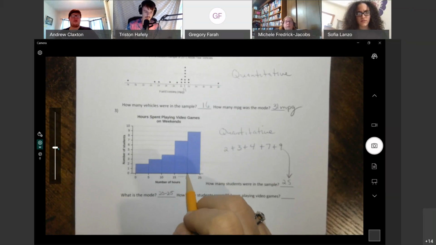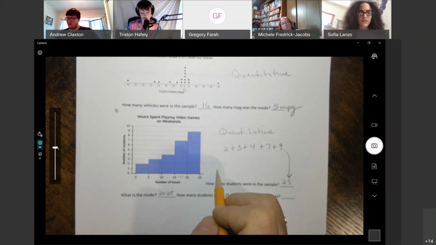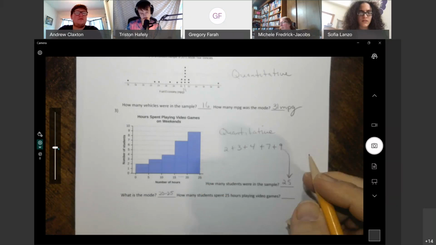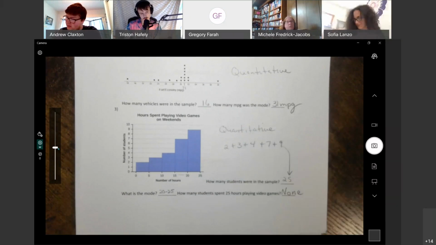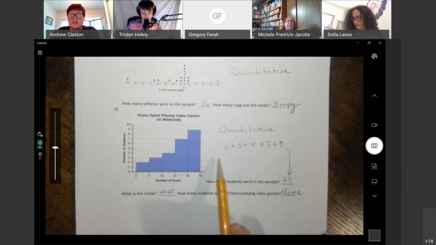When it hits 20, it goes to the next bar. So 25 would be the next bar, and since there is no bar after it, there was none. So if I give you a value in between, you can't tell me because there's a range of values. But if I give you one that's on the end, you know that there's none because there'd be another bar.